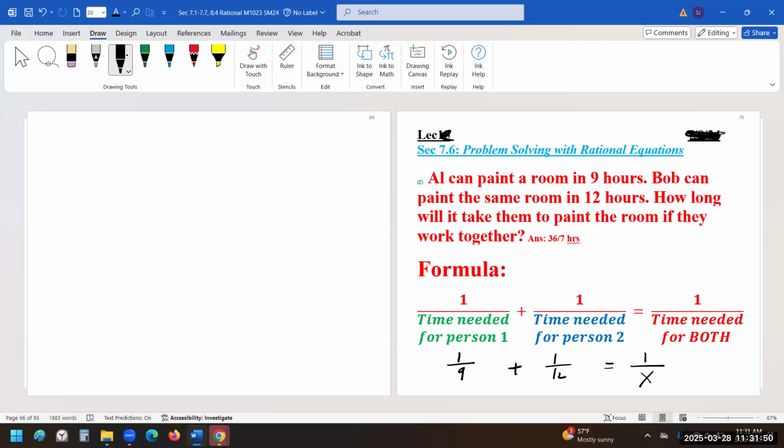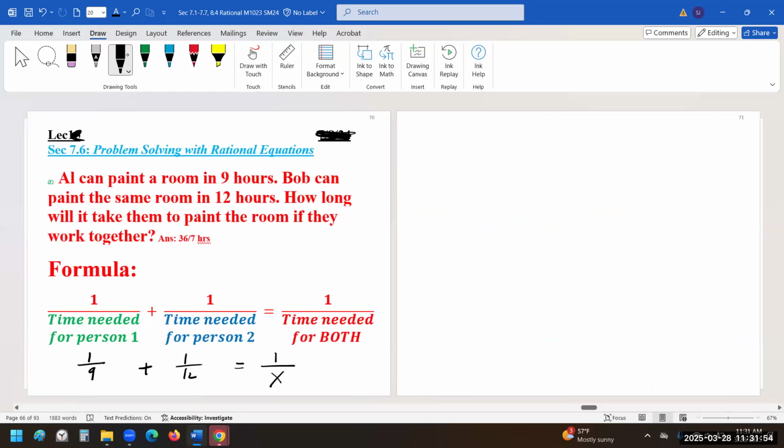So we have a nice rational equation. All you have to do is solve it. 1 over 9 plus 1 over 12 equals 1 over X. Now for this example, I'm not going to bring everything to one side because we already see X is on one side. So when X is on one side, don't bring everything to one side.